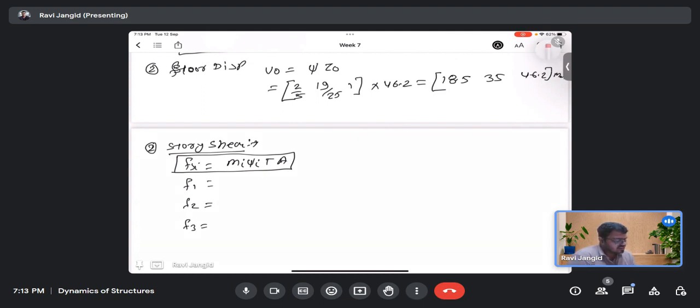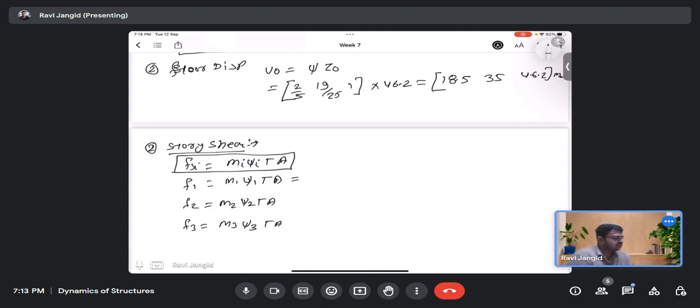For F1 it is M1 times psi 1 into A. For F2, M2, psi 2, into A. M3, psi 3, times A.